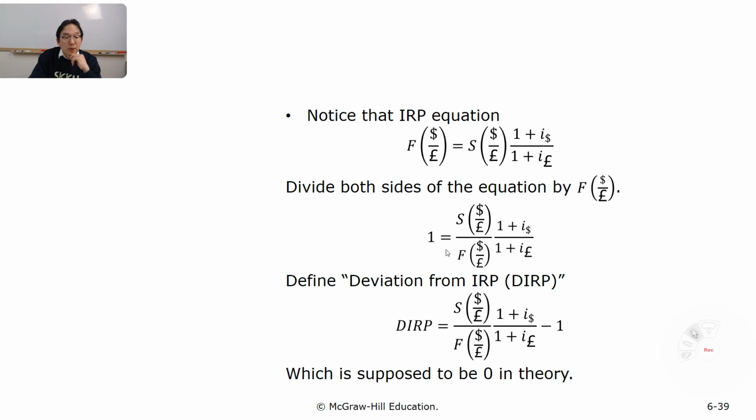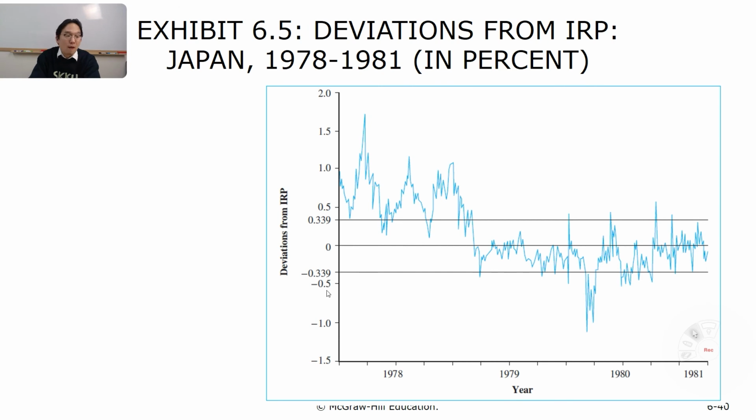Now define the deviation from IRP, DIRP, as this guy, sending over to the other side of the equation, which is like this. And then by definition, DIRP will be 0 in theory if IRP strictly holds. But if IRP breaks down, the DIRP will be different from 0. So let's see where this DIRP goes.